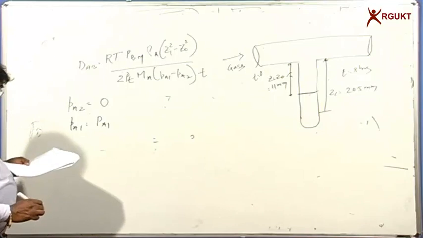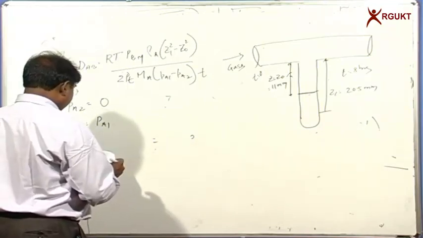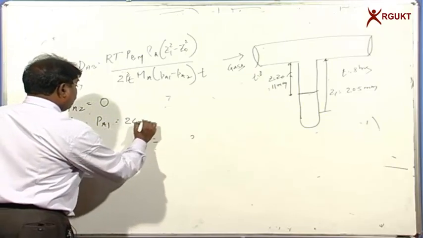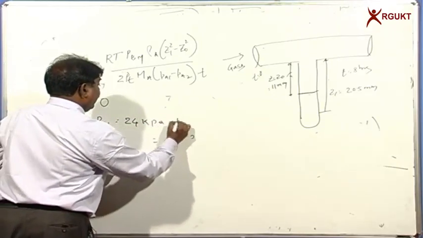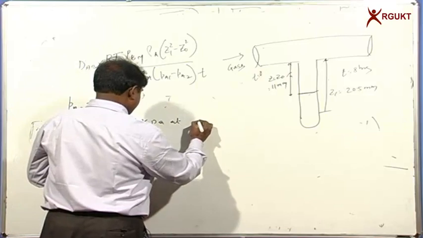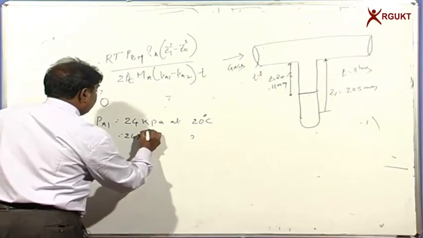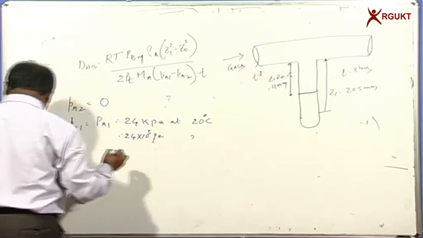And at temperature T, it is given that the vapor pressure of acetone is equal to 24 kPa at 20 degrees centigrade, that is 24 into 10 power 3 pascals.